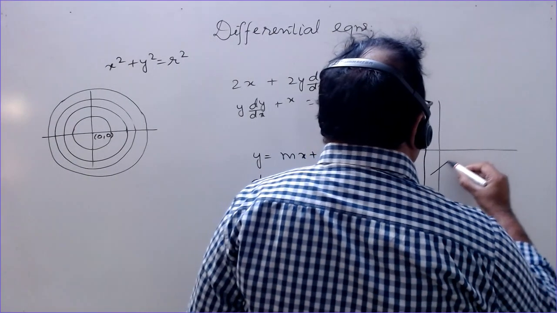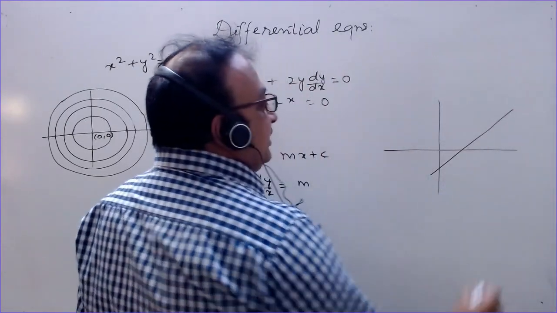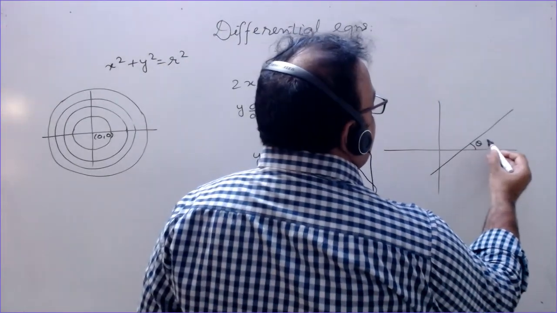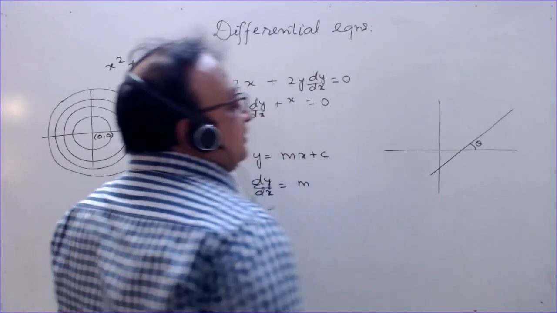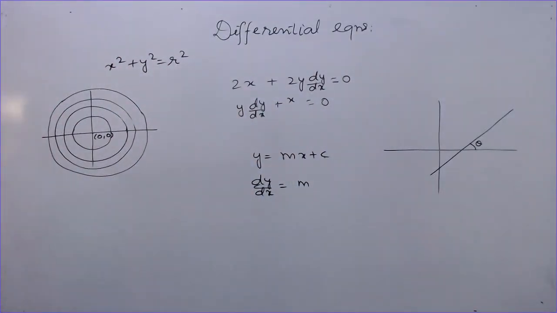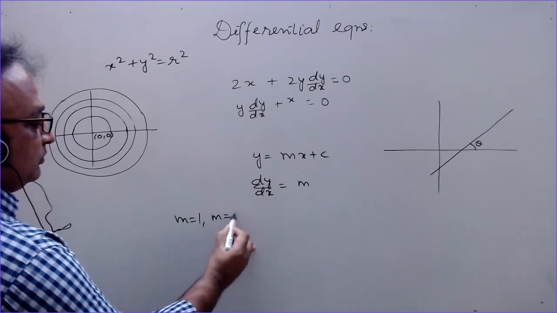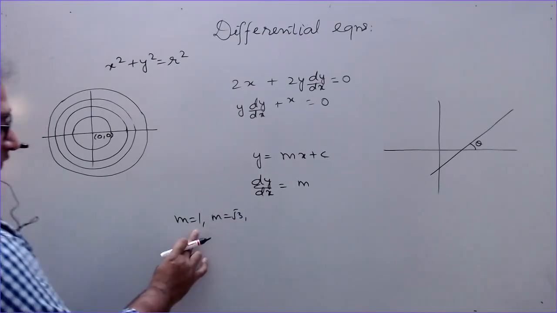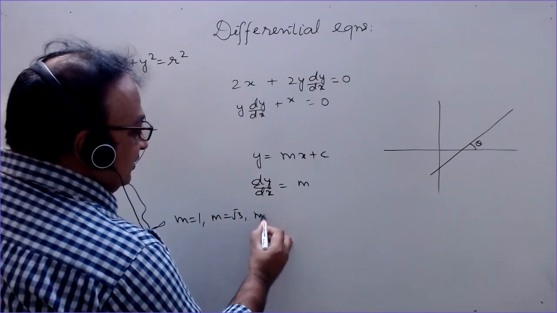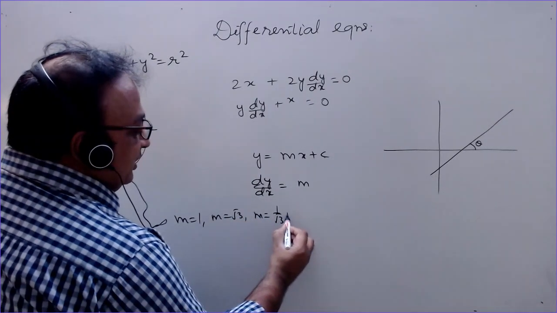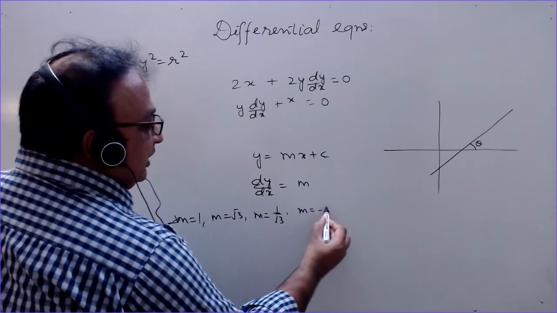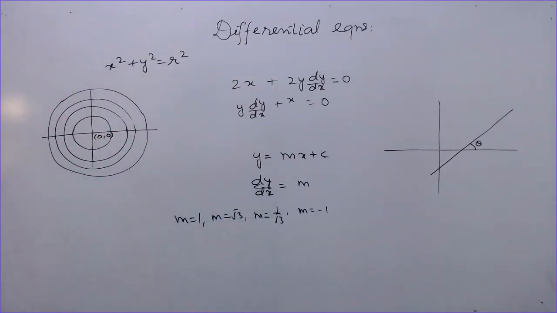Suppose this is one such line. It makes an angle theta with the positive direction of the x-axis, and tan theta is equal to m. So if you take different values of m, like m equal to 1, m equal to root 3, m equal to 1 by root 3, m equal to minus 1, the angles are 45, 60, 30, 135, and so on.